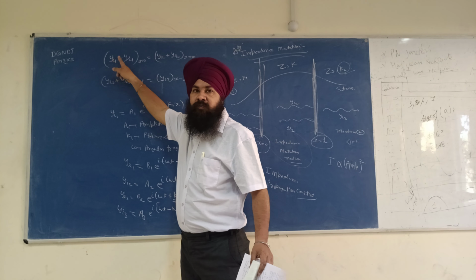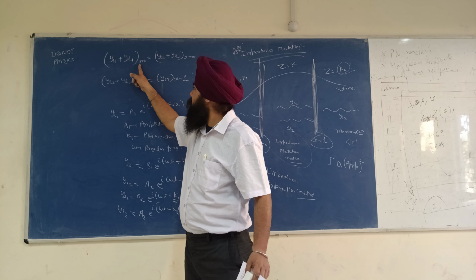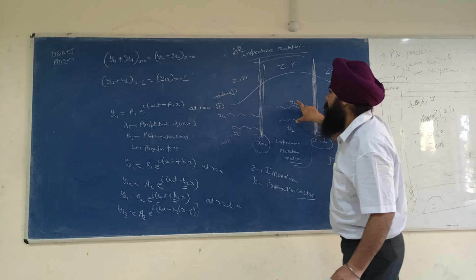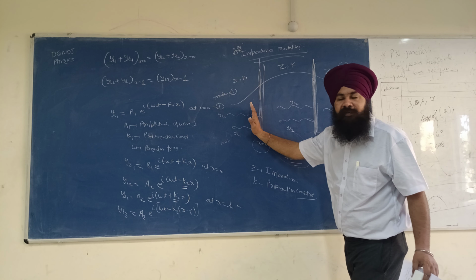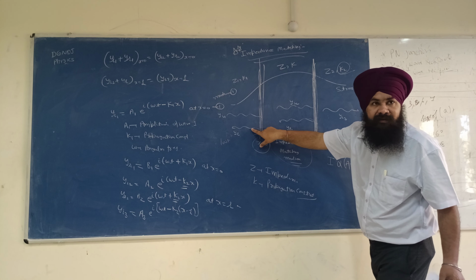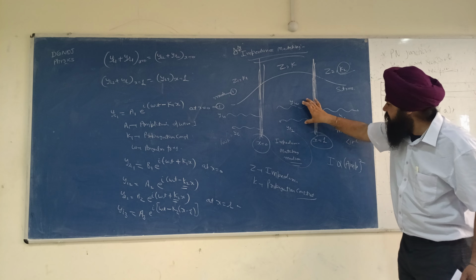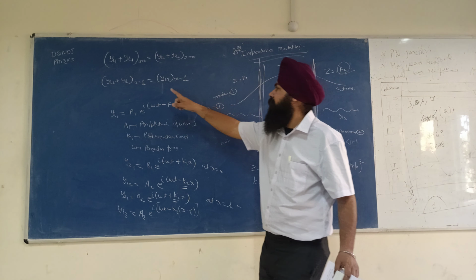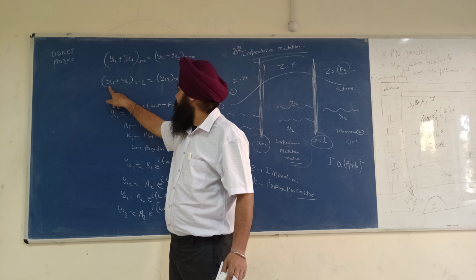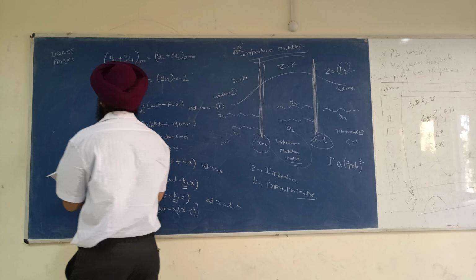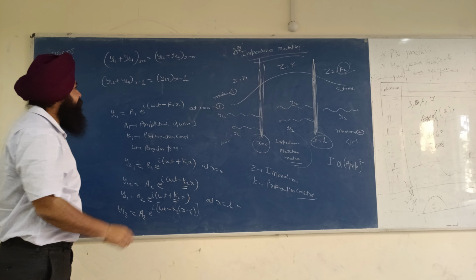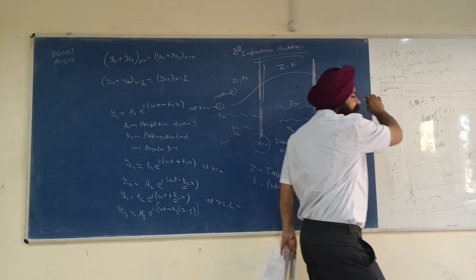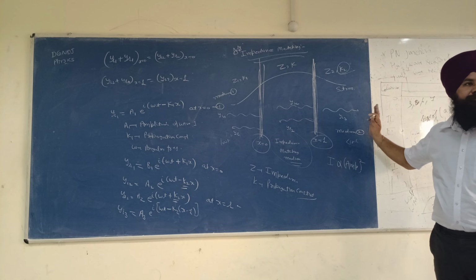So yi1 plus yr1 at x is equal to 0 is equal to yi2 plus yr2 at x is equal to 0, and for the second boundary condition, yi2 plus yr2 at x is equal to L is equal to yi3 at x is equal to L.